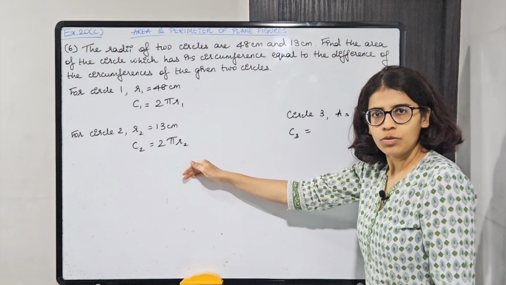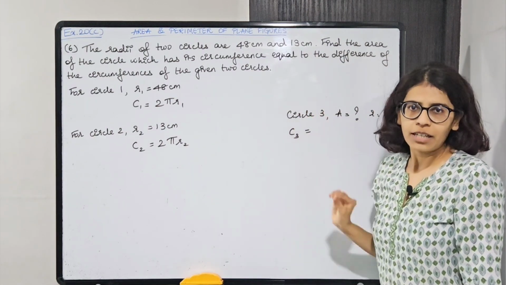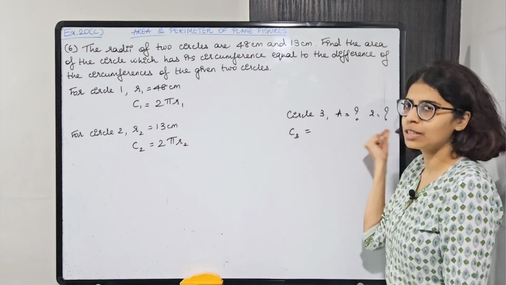Write this down. After this write down the circle 3 information. For circle 3 no information is given, actually you are just given the condition.